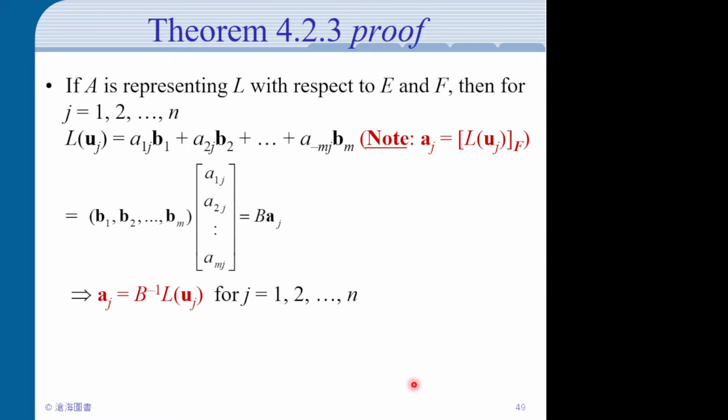So let's see the proof in algebra. We have some A representing L with respect to our bases E and F, so the coordinates E and F. And then L of Uj.